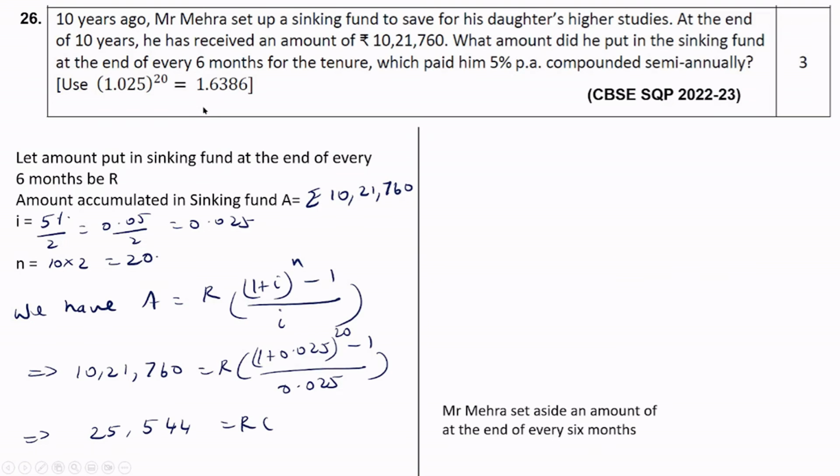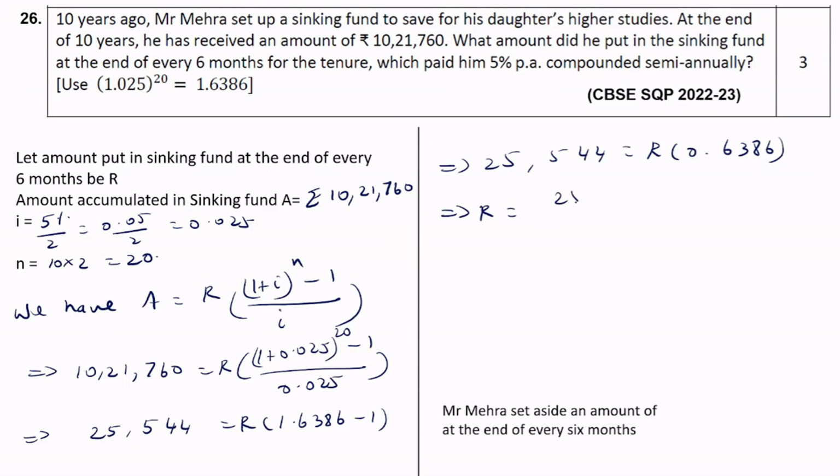This is equal to R into 1.025 the whole raised to 20 minus 1. It is given as 1.6386. So 1.6386 minus 1. So this implies 25,544 equal to R into 0.6386. So from this we get R as 25,544 upon 0.6386.